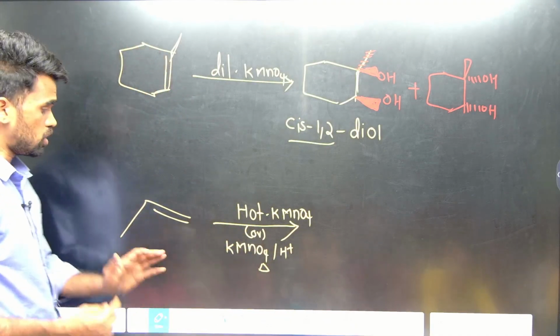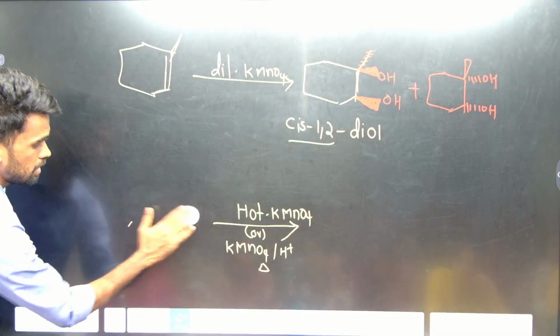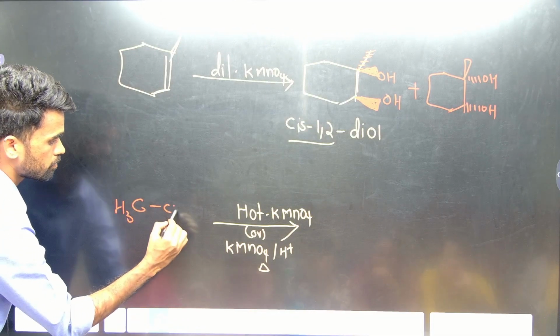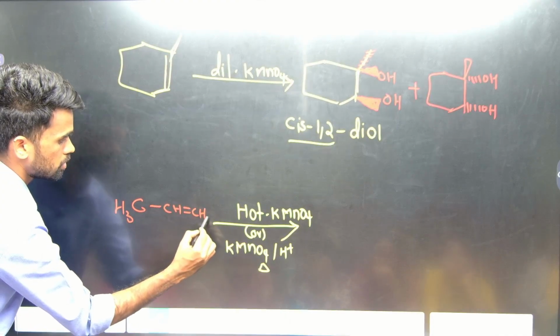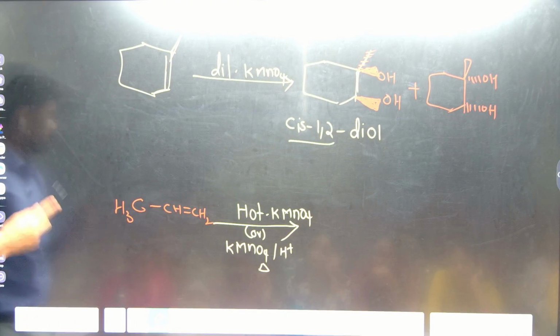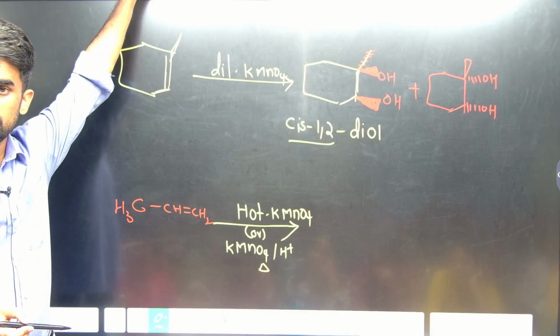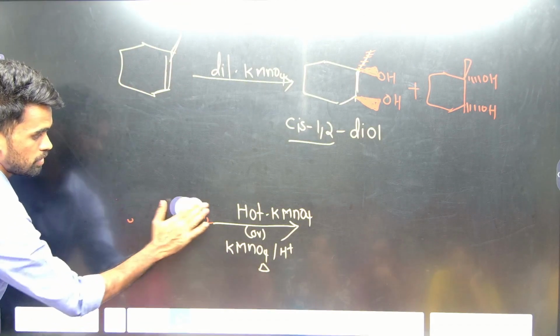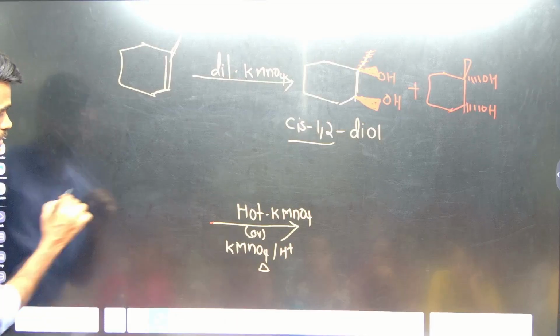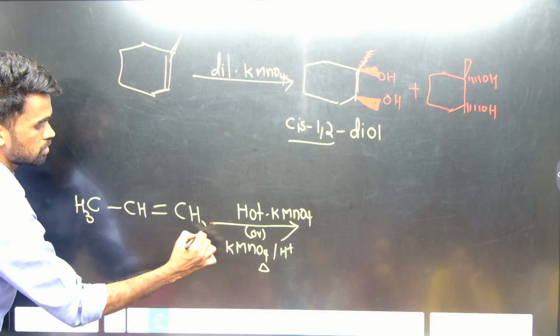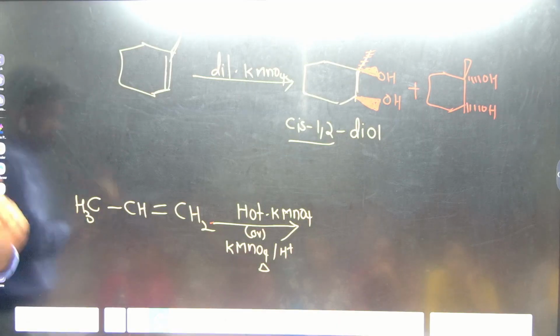So now I am rewriting the structure for understanding purpose. This is the alkene only. As we did for ozonolysis, you need to break the bonds here also. We'll write it with a little bigger size. Okay, like this. Same story.